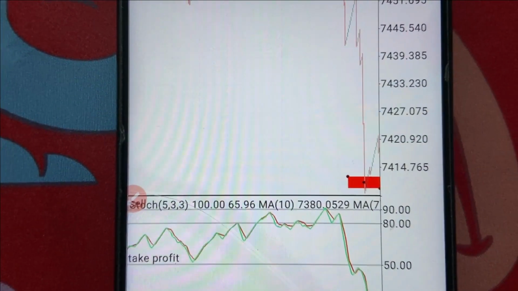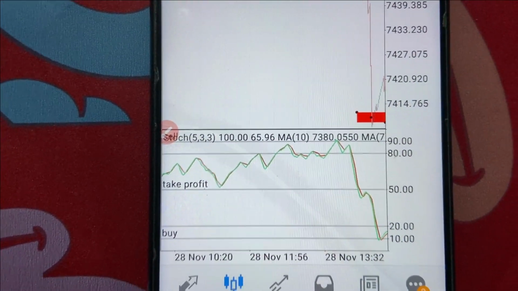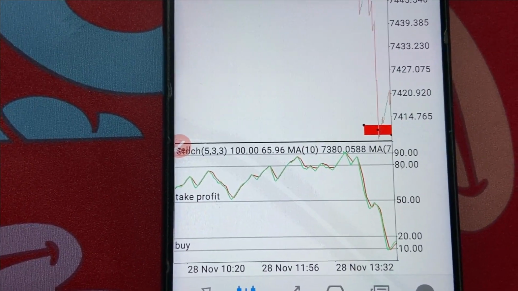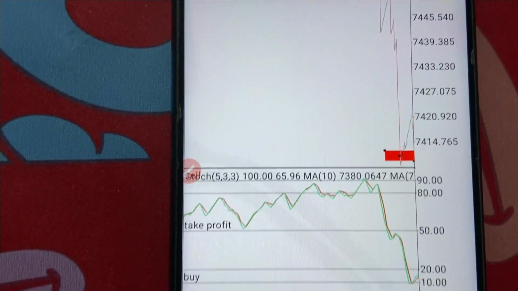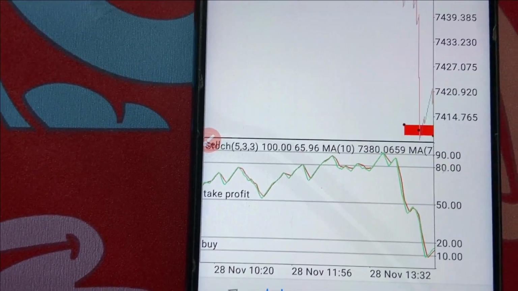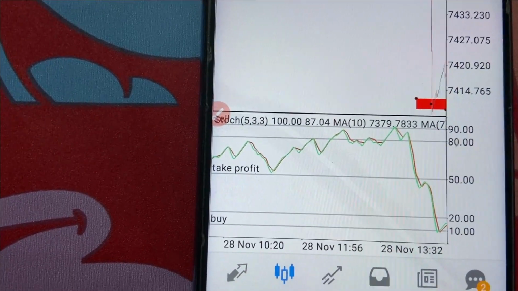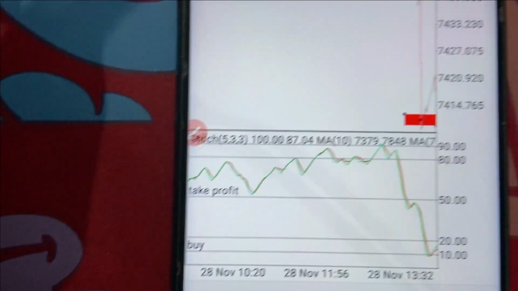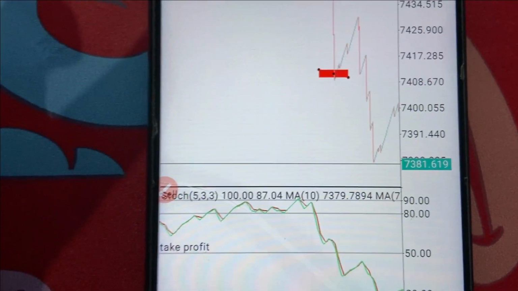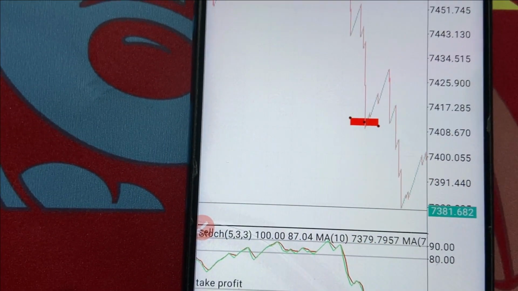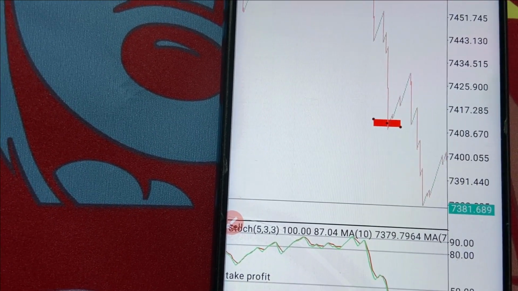Here where there's a red rectangle, that's your entry point for buying, because the green and the red moving average has hit the 10 level, which is the buy level. But notice when I scroll, imagine that you entered the trade at the red rectangle.